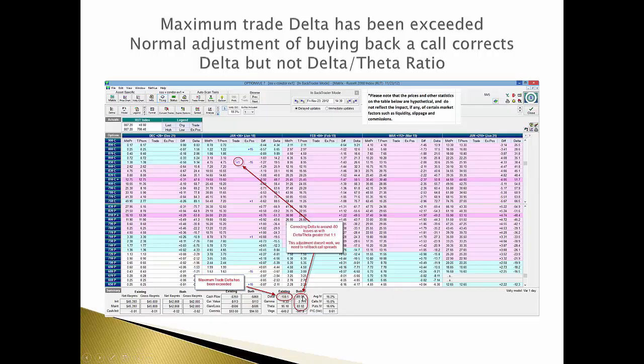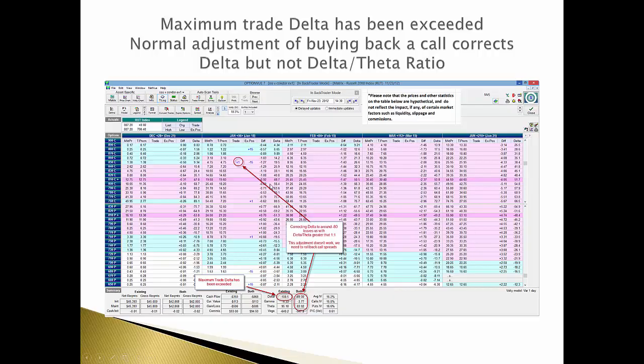And this is one of the things I want you to notice when you're trading these. If you're trading the same thing month after month, you should be noticing differences like that. Month after month, if I have to make this first adjustment for my delta, I never have a delta theta ratio problem. Now all of a sudden I do. That's very unusual. Well, that's kind of odd.